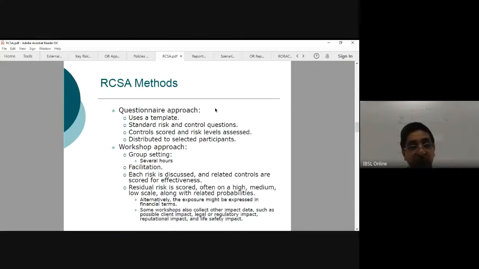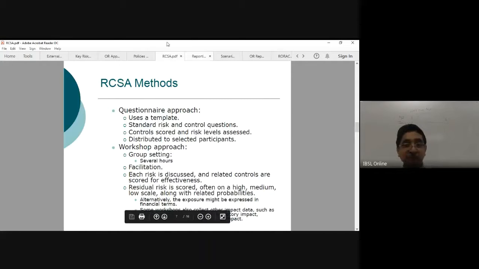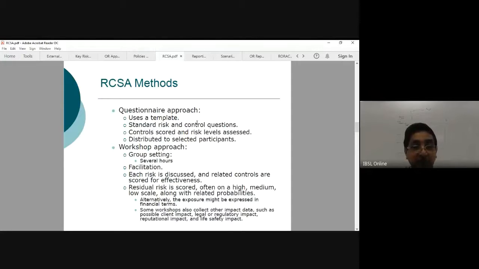But in the questionnaire approach, there should be a template. And there are standard risk and control questions. And as per the answers, there can be a level of scoring. So that is how the questionnaire approach is being done.